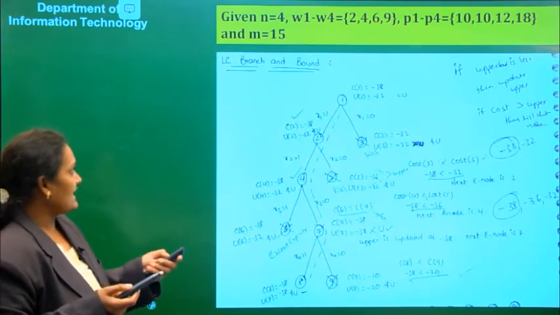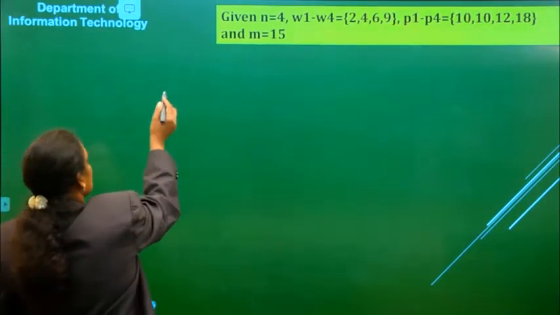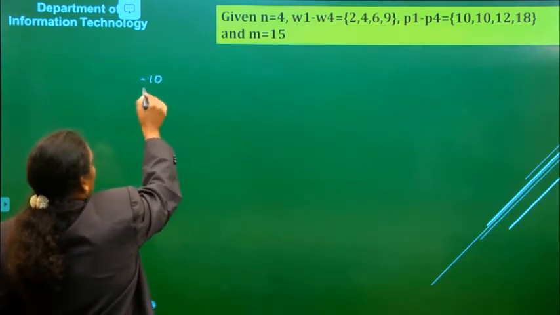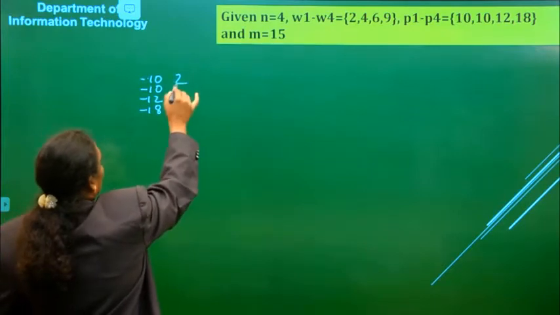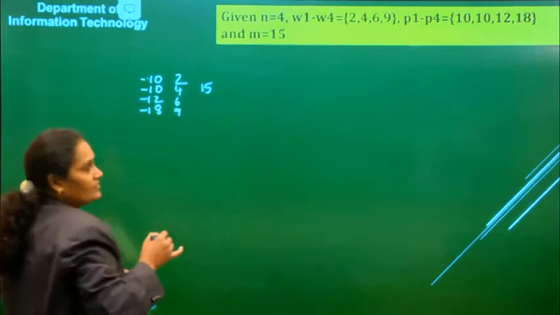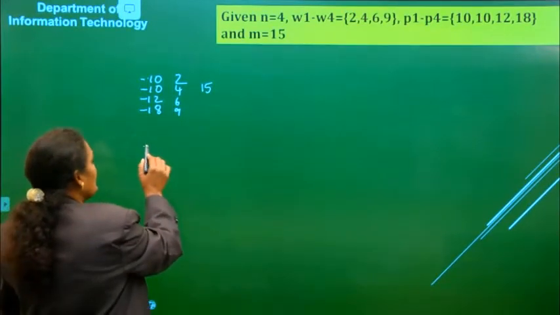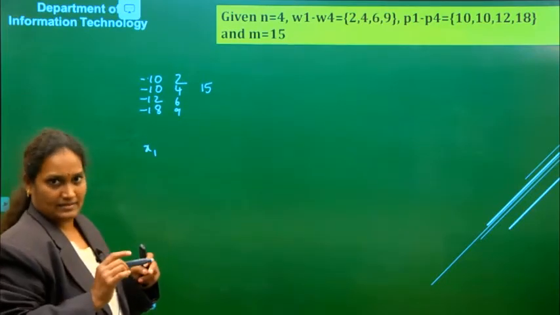Now how to find the cost? Let us see. The given profits are minus 10, minus 10, minus 12, minus 18, the given weights are 2, 4, 6, 9, and the capacity is 15. Initially consider that I am placing x1 into the knapsack.